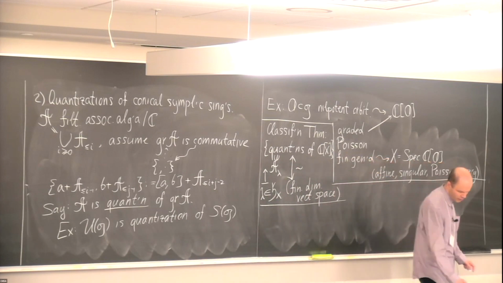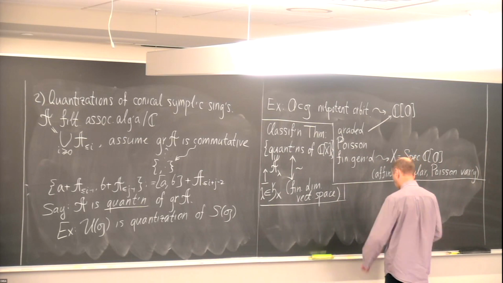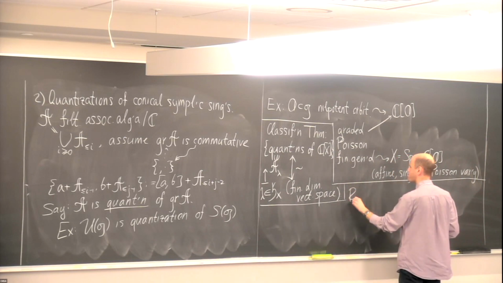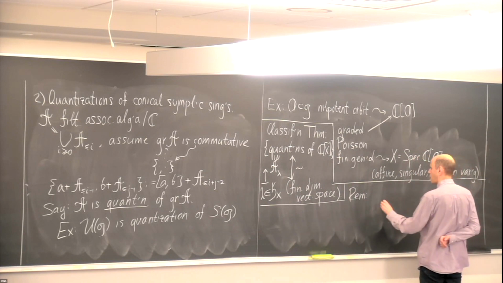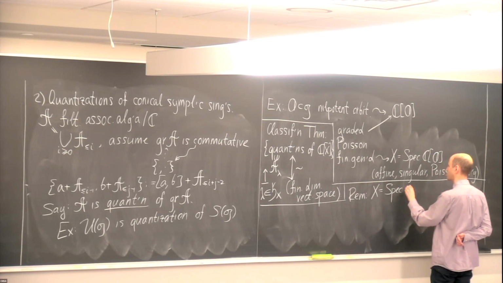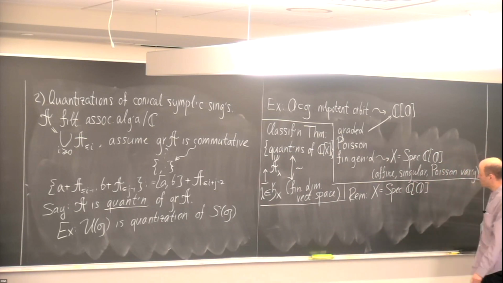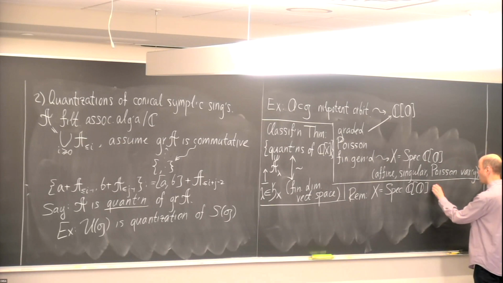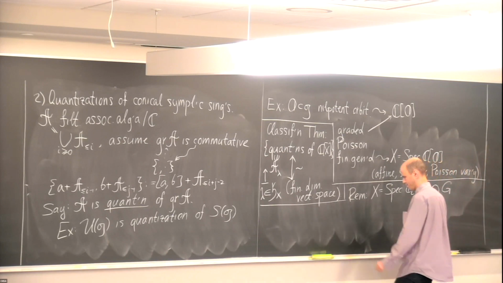And so what kind of algebras are we going to get? Let me make a remark about that. So let's still take our X to be the spectrum of functions on the nilpotent orbit. And in particular, notice that on the spectrum, I still have an action of the group G. And this action leads to a quantization.